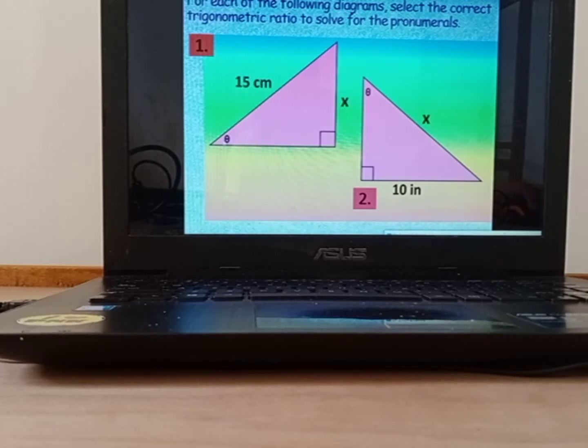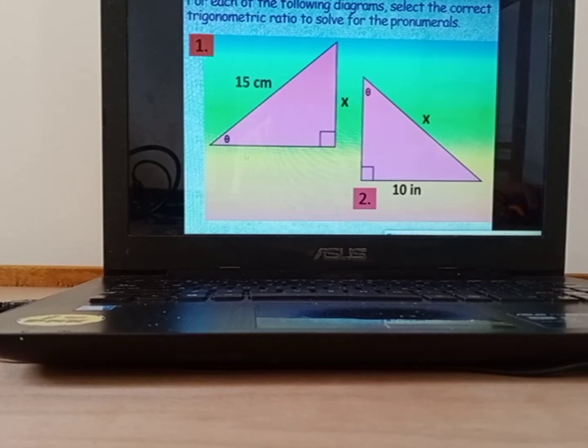So if this is our angle, class, this is our angle theta. At the front of our angle, this is our opposite side. Therefore, the value of our opposite side is x. And this is our hypotenuse, which is 15 centimeters. So the given values are opposite and hypotenuse.